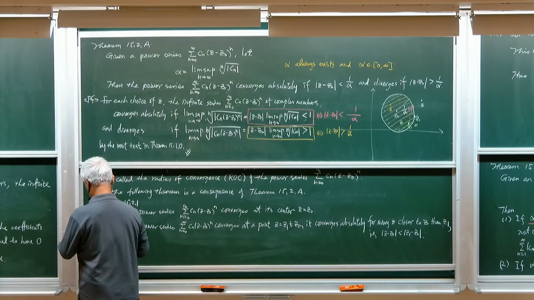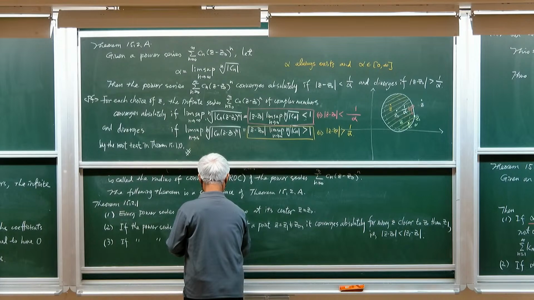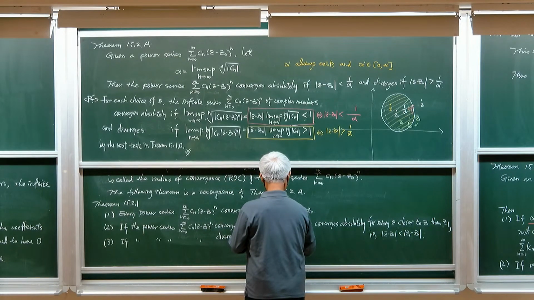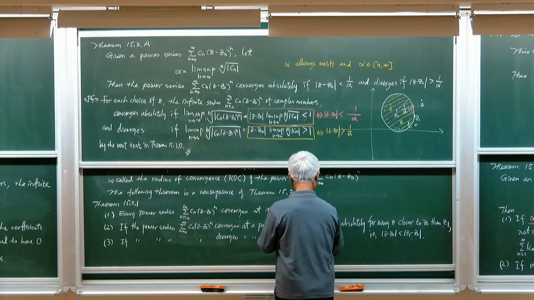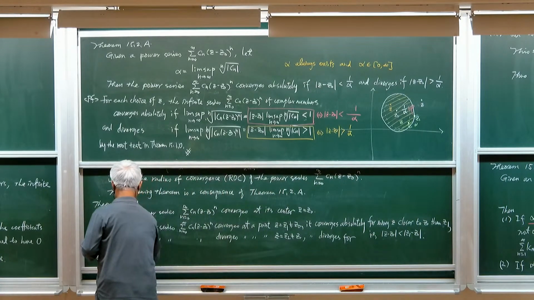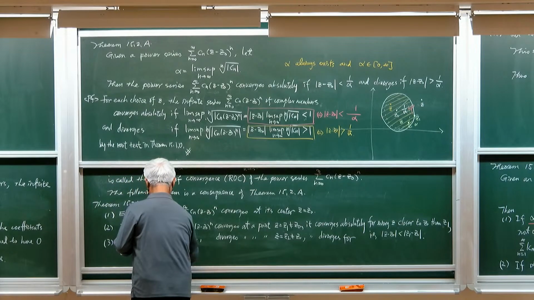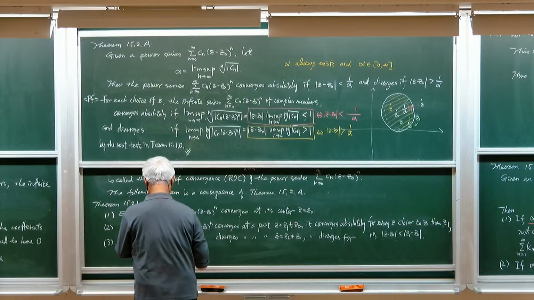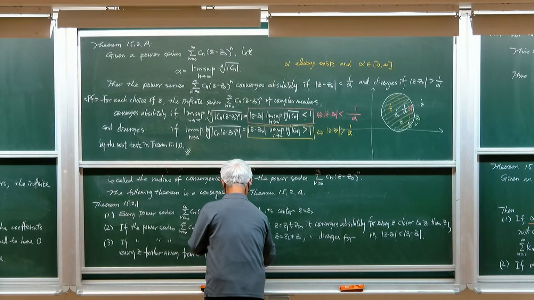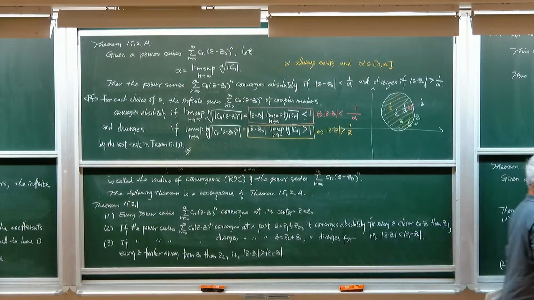And the third one: if the power series diverges at a point z equal to z2 not equal to z0, then it diverges for every z farther away from z0 than z2, i.e. |z minus z0| greater than |z2 minus z0|.